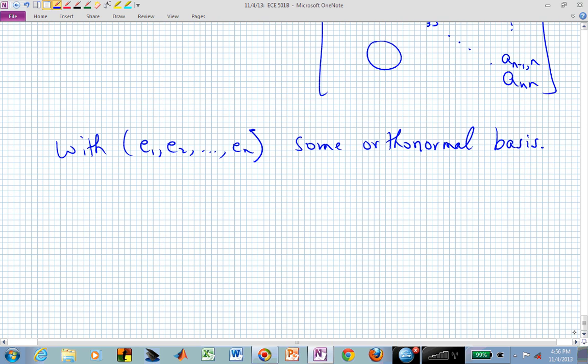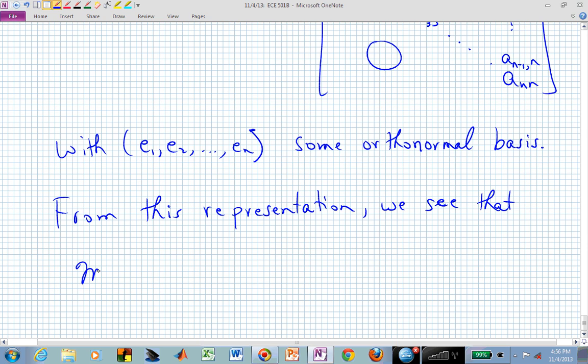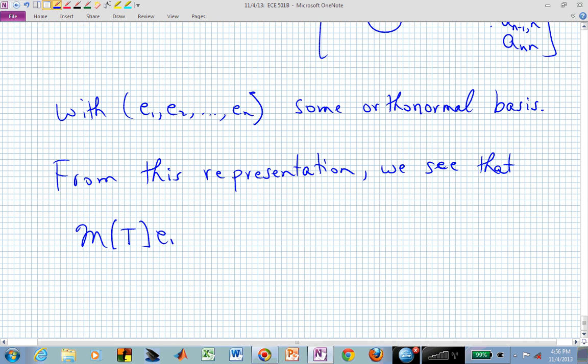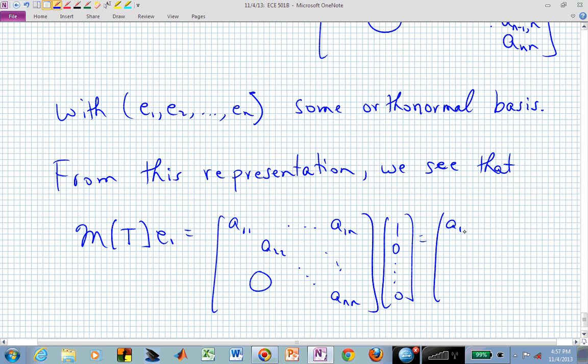So if we have this relationship, or in this representation of the operator, then in order for this matrix representation to be invariant with respect to E1, we need to just have a non-zero upper element in A11.